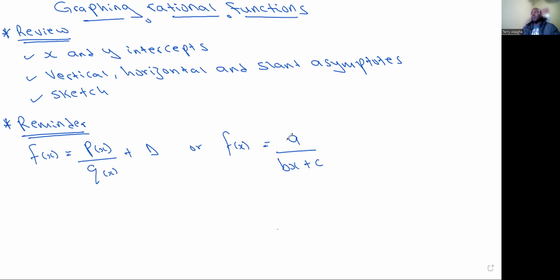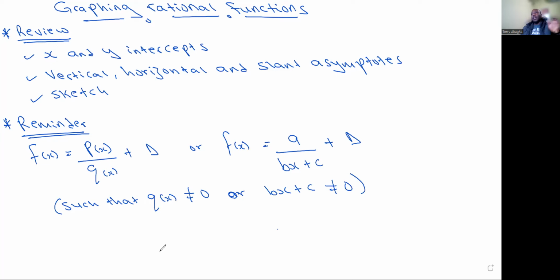Also, you can have a numerator as a linear function, and it also counts as a rational function, okay? And also for this to be correct, I told you as well that qx must not be equal to 0, or bx plus c must not be equal to 0. So we talked about all this in the previous video, so I'm not going to talk about that. I'm going to go straight in. How do we graph rational functions?